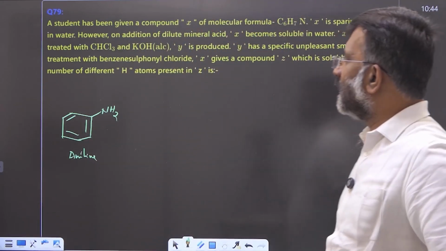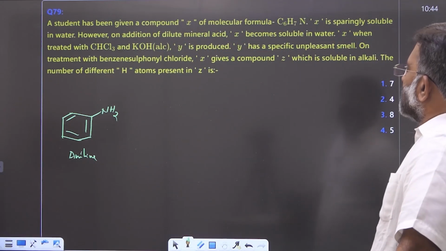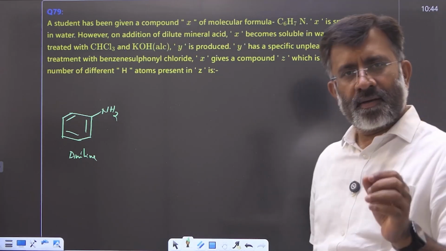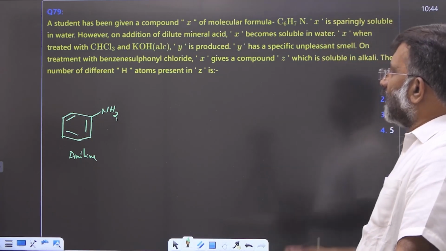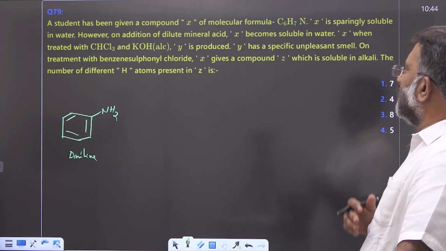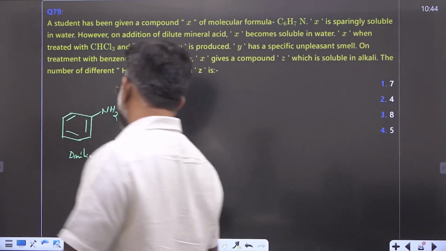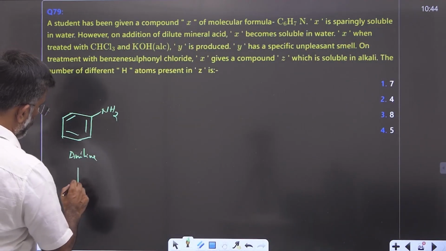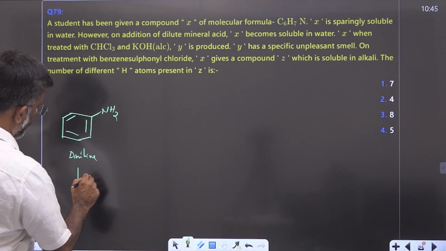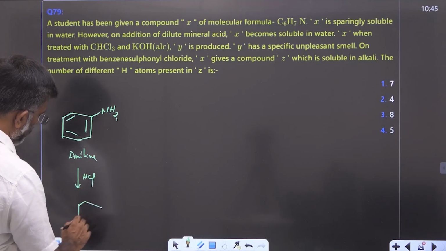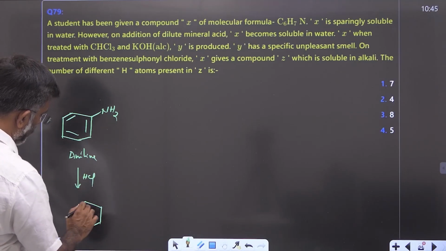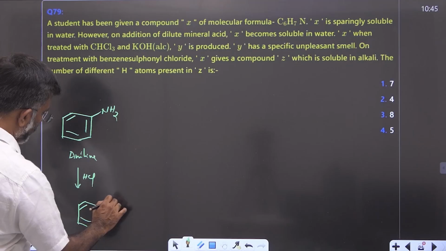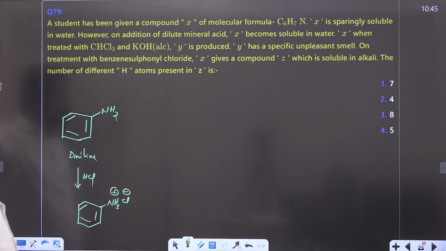You see that aniline is sparingly soluble in water. However, on addition of dilute mineral acid, it becomes soluble in water, because when treated with dilute mineral acid you get anilinium chloride. Now it is soluble in water. You see the difference.